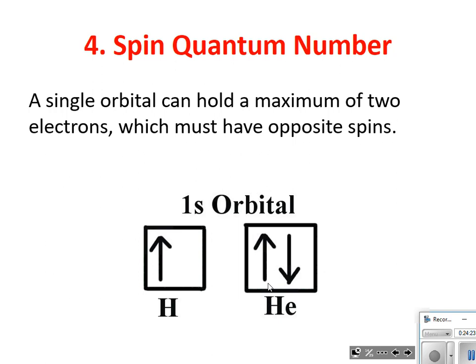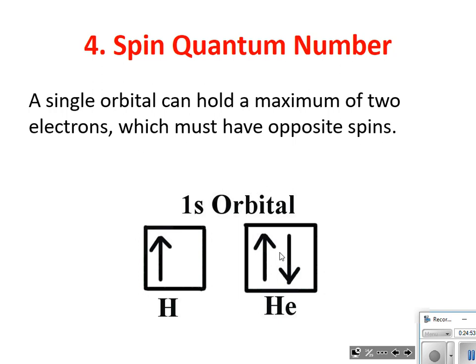It has 1 going down. This is how we indicate 1 up, 1 down, the opposite spins we're talking about. So this one has 2 electrons on this orbital. Each orbital can hold how many electrons? 2.